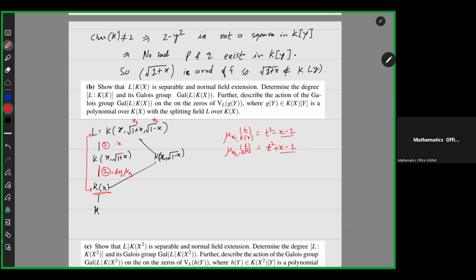Since x2 is outside, the degree of the minimal polynomial of x2 is, oh, this is getting messy.